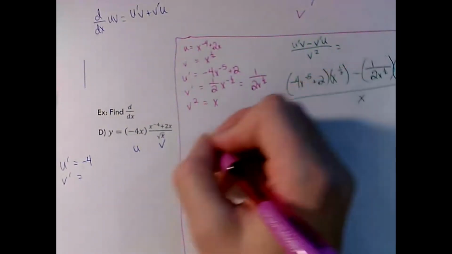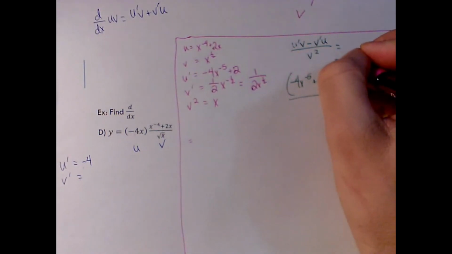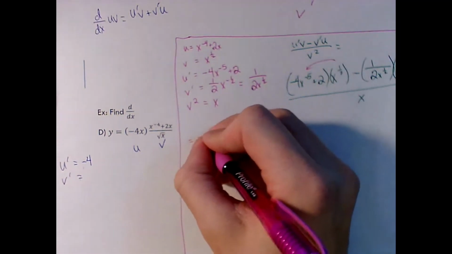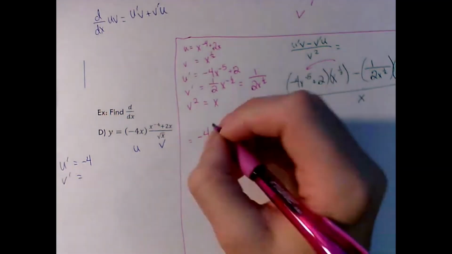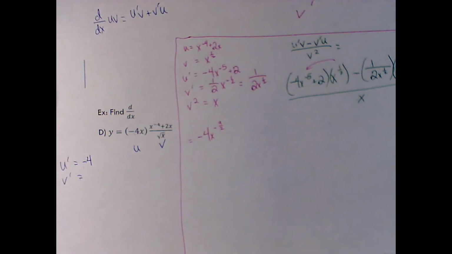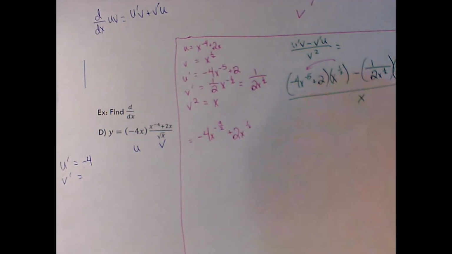All right, so boom, boom. Add the exponent, so I have -4x to the -4.5, so I'll put -9/2, plus 2x to the 1/2, minus. This is how I'm going to handle this one. I'm just going to pretend that the 2's on the bottom, I'll keep it on the bottom.